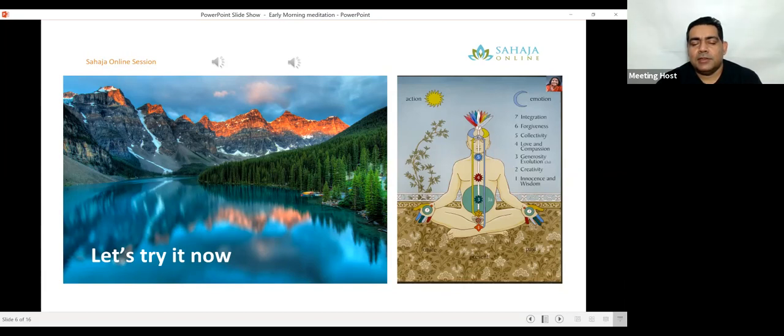So let's take our right hand and move it in circles clockwise around the left heart center in a clockwise direction. This is the technique for clearing a particular center. Several times.